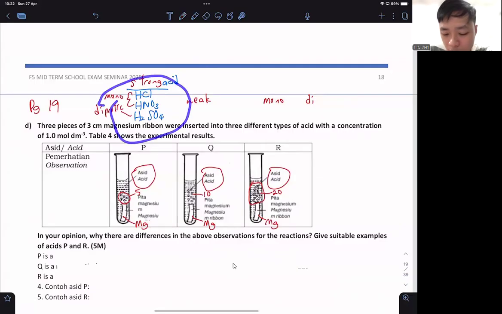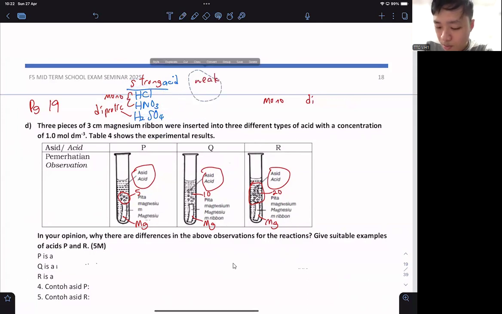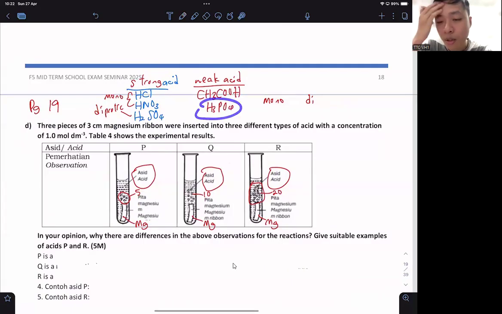Both are strong acids, but diprotic is 2 times stronger because H2SO4 produces 2 times the hydrogen ions compared to these two. Then you have weak acid also, for example CH3COOH, or H3PO4. But H3PO4 is triprotic, so you call it a weak triprotic acid.